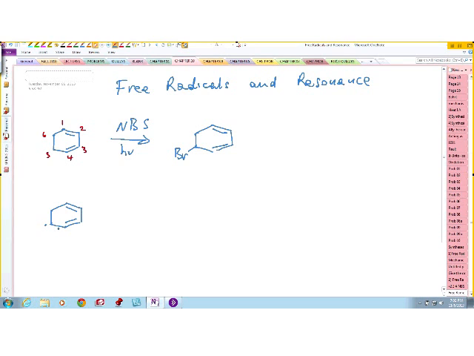Now this carbon already has hydrogen here. This carbon, at this point, is an sp2 carbon, on this free radical. This carbon here is also an sp2 carbon, and this carbon here is also an sp2 carbon. So now you could think of the possibility of resonance here.